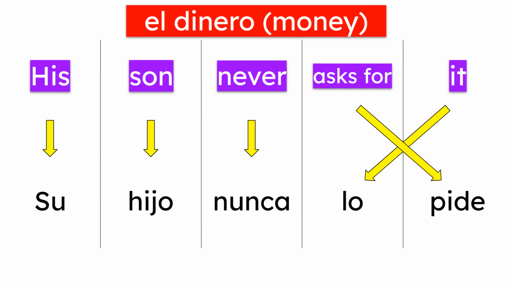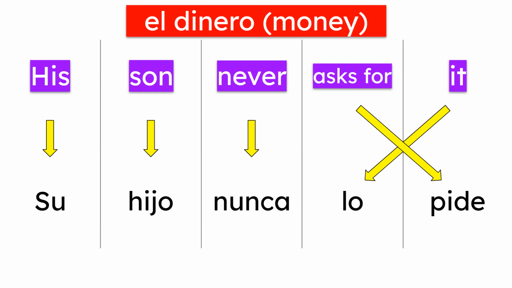Su hijo nunca lo pide. And this is very important. In English, you need to say ask for something, ask for money, ask for an idea, etc. But in Spanish, we don't need to say for. We just go with pedir, pide. Su hijo nunca lo pide.